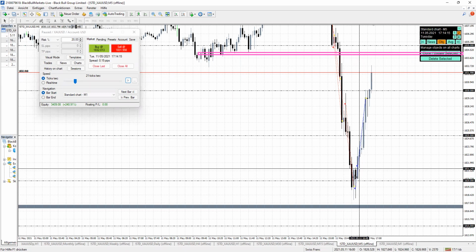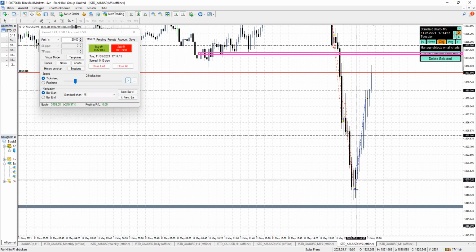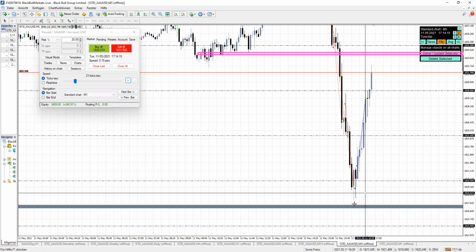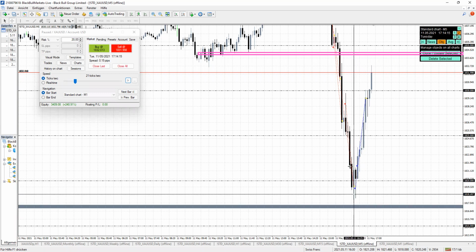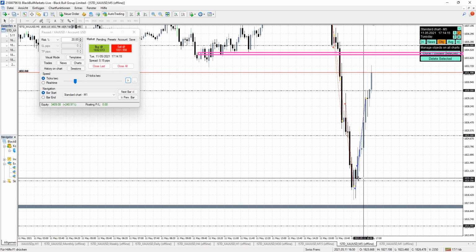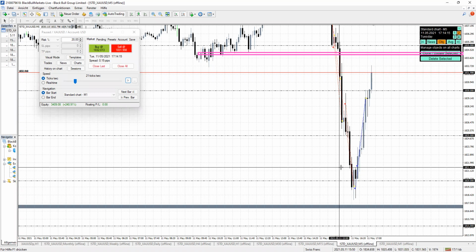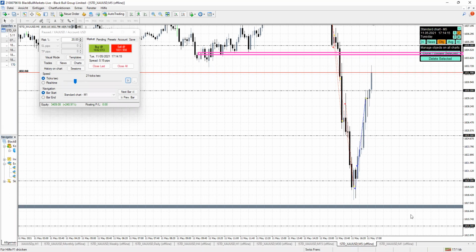You had nice confirmations, two 5-minute candles closing above the key level. The previous one respected the low and broke the high a little bit, and the next one had no bottom wick at all, giving you a straight push. Enter here, stop loss here. It's a big stop loss, or you can put it below the key level, and you can target. First target would be here, second target would be here.